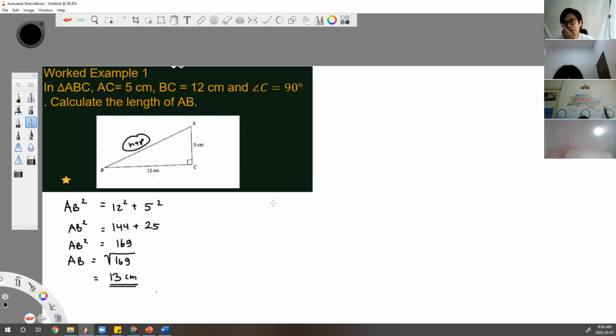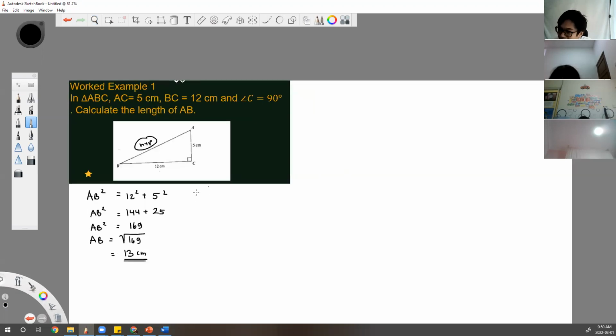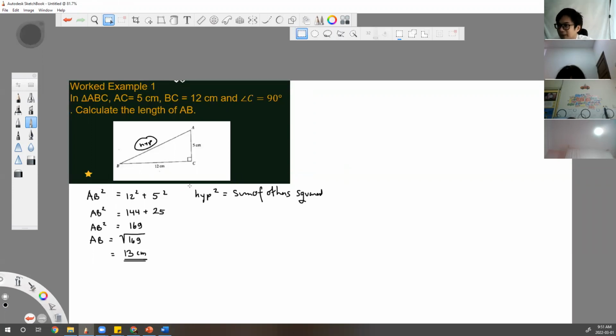Let me know whenever you have any question. That's example 1, very simple. Just focus on the hypotenuse squared equals the sum of the other squares, right? That's the formula of Pythagoras. Piece of cake.